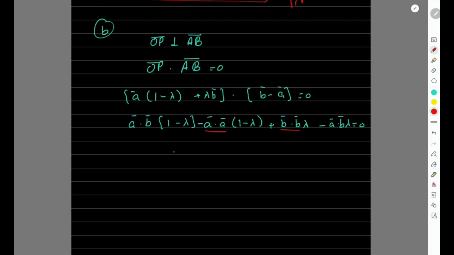We know that the dot product of same vectors or parallel vectors, A dot A, is equal to mod A into mod A. The angle between these two parallel or same vectors is 0 degrees, so cos 0 is 1. So A dot A becomes A square. Similarly, B dot B is equal to B square.